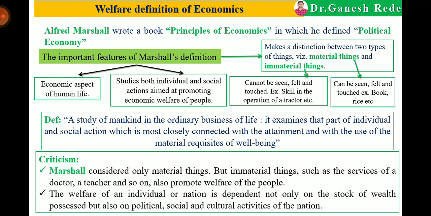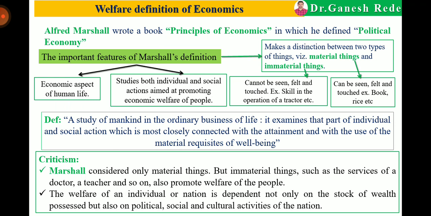So economics examines that part of individual and social action which is most closely connected with the attainment and the use of material requisites of well-being. Here Marshall focuses on the material things in the day-to-day life of human beings. For our welfare we require some material things. That is the welfare definition of economics.